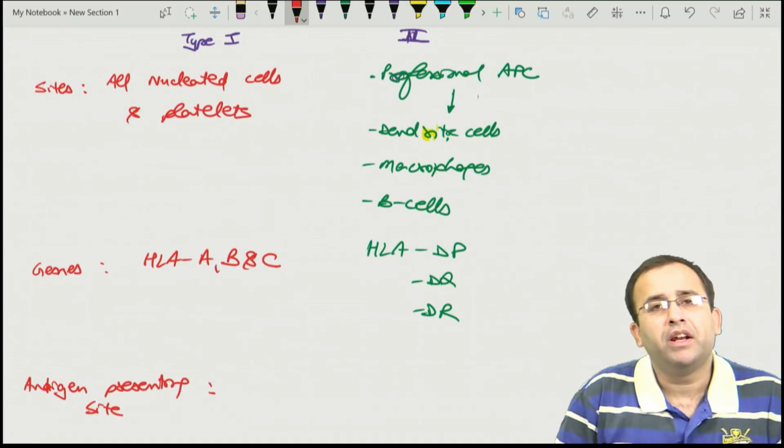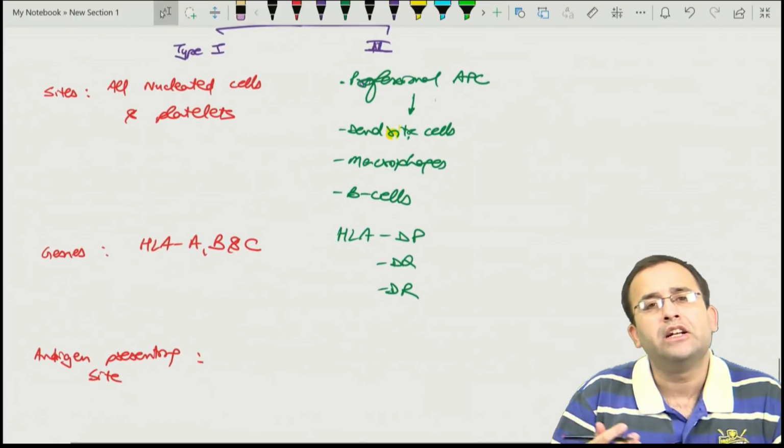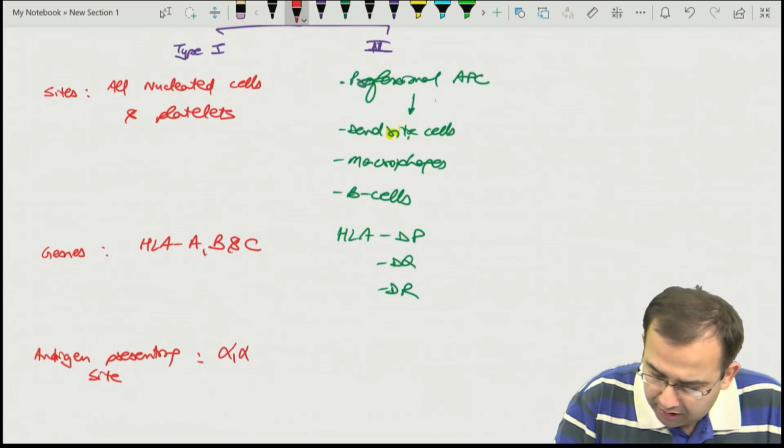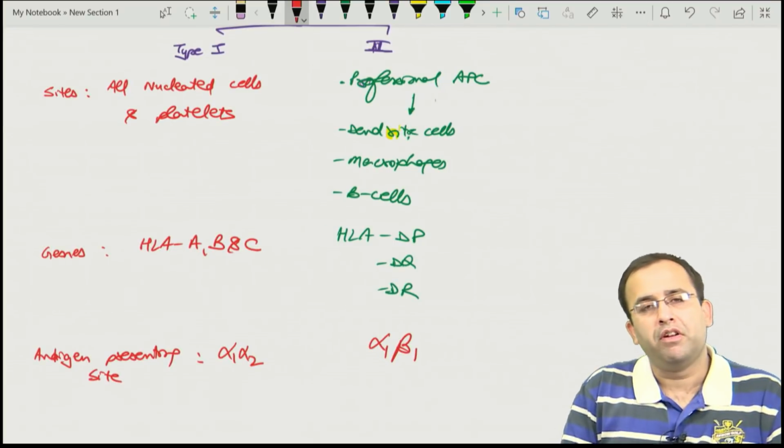In type 1 MHC, it is alpha 1 alpha 2, versus type 2 MHC, alpha 1 beta 1.